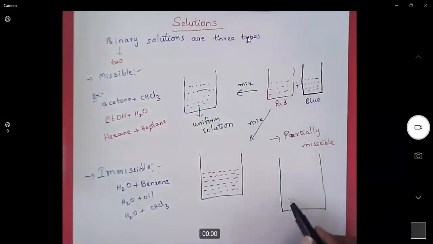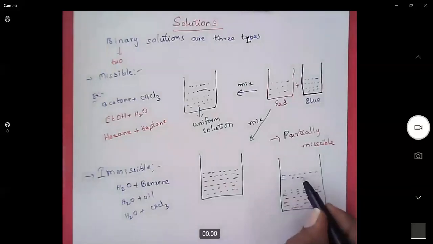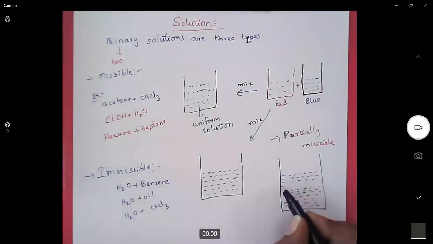That means these blue color and red color components will form only a small homogeneous solution, whereas the remaining part will be as it is.